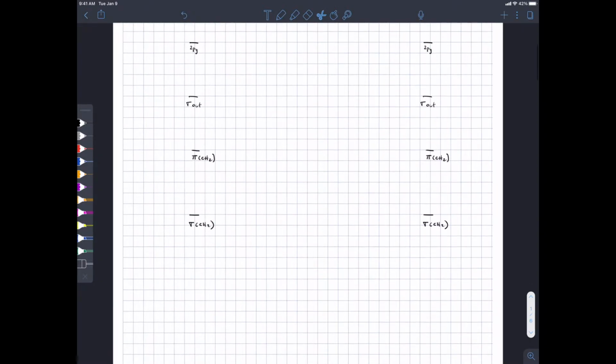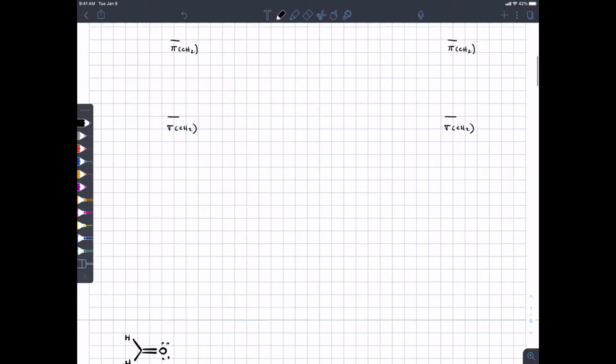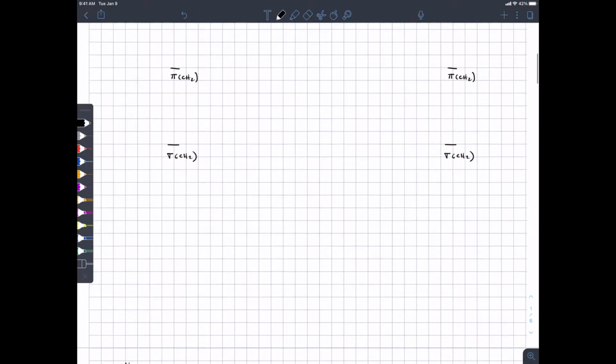We're going to mix the two CH2 orbitals together, and in doing so, we're going to get two new orbitals out. We'll get an orbital that we call sigma plus sigma.